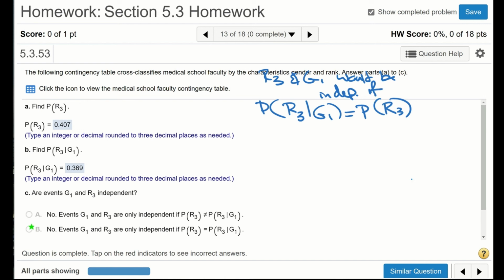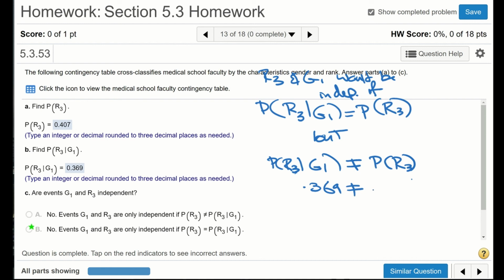But notice that this is not true. The probability of R3 given G1 is not the same as the probability of R3 in this case, because this one is 0.369, which is not the same as 0.407. So therefore, G1 does actually seem to influence R3. So therefore, we say that the two events are not independent.